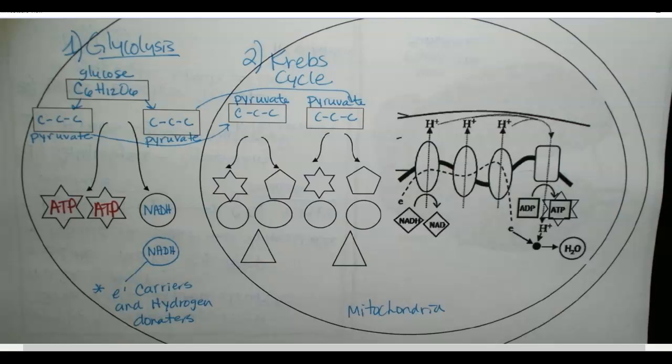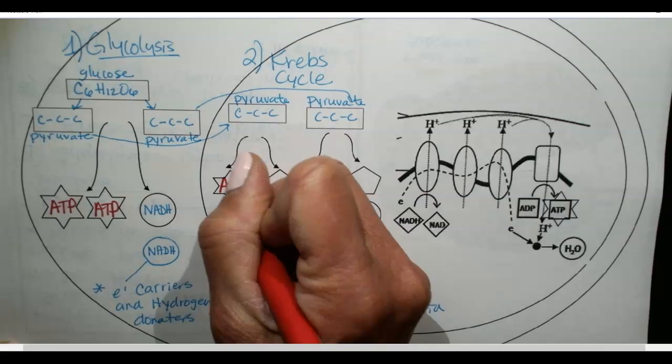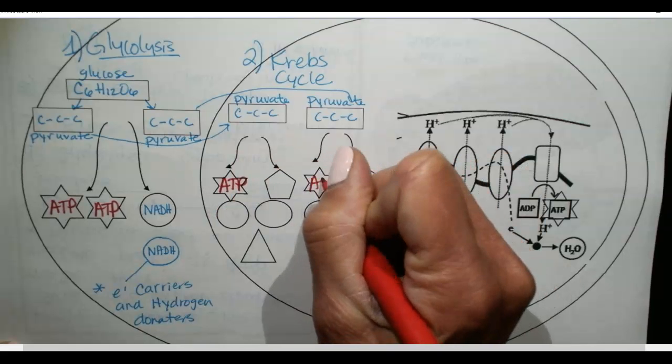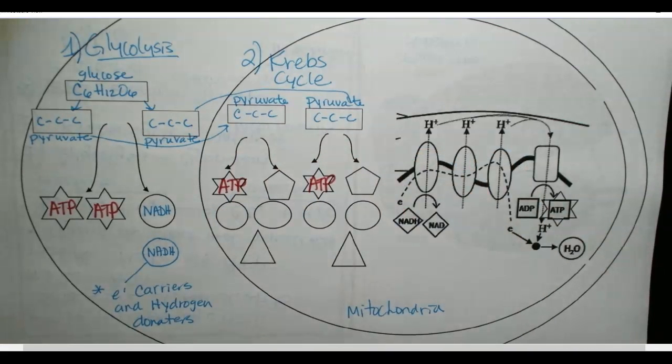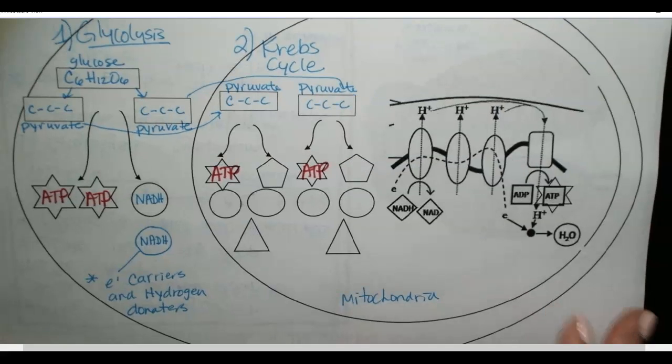They're going to break down more, okay? This is where one of our products is made, okay? We've got 2 products. We've got water, we've got carbon dioxide. This is where one of them is going to be made. Okay, so first of all, each pyruvate produces a molecule of ATP. And due to space, I didn't have enough room, okay?